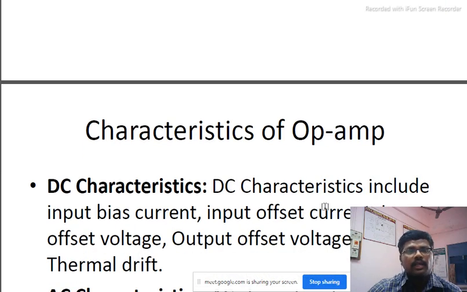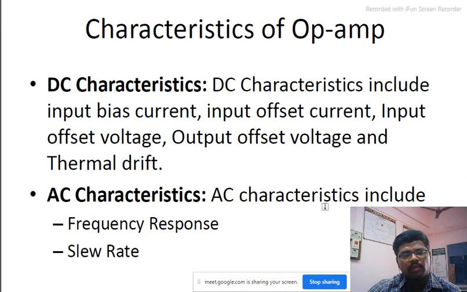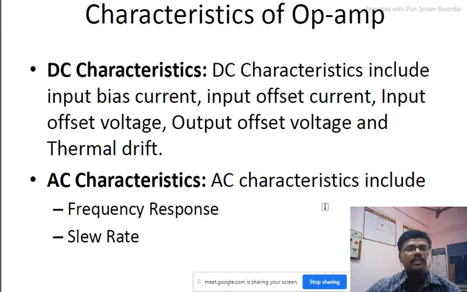Next, characteristics of an op amp. Once again, DC characteristics.